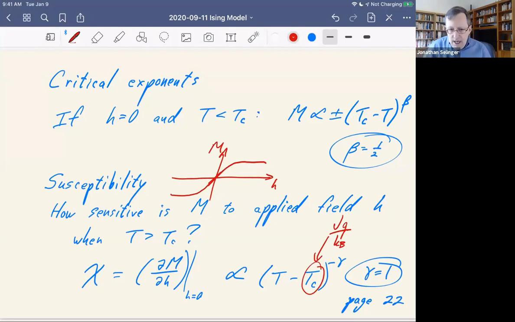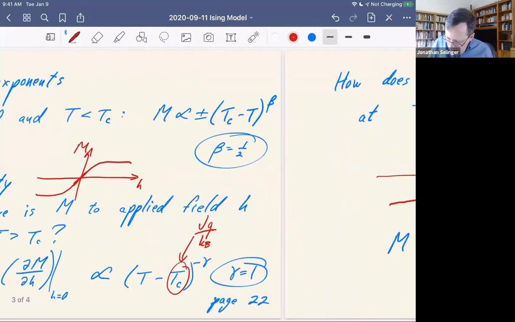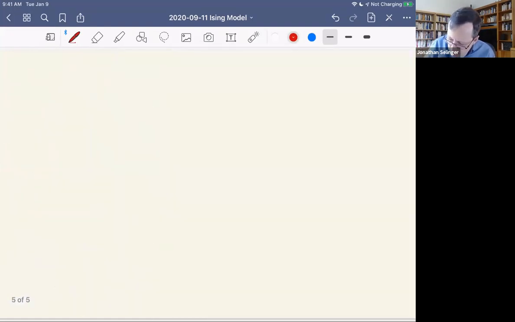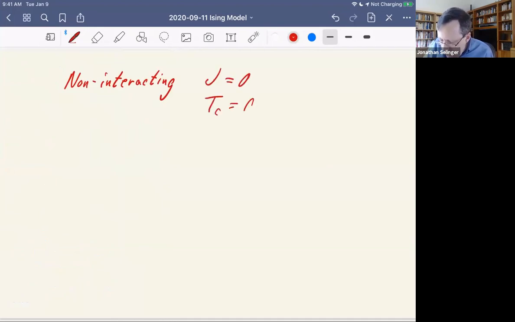If J is 0, then TC is 0. So for the non-interacting case, that is J equals 0, TC is equal to 0.